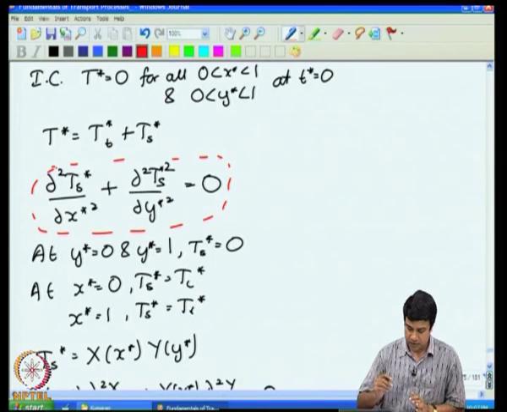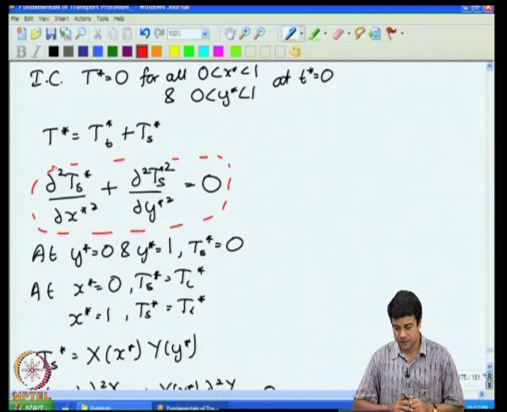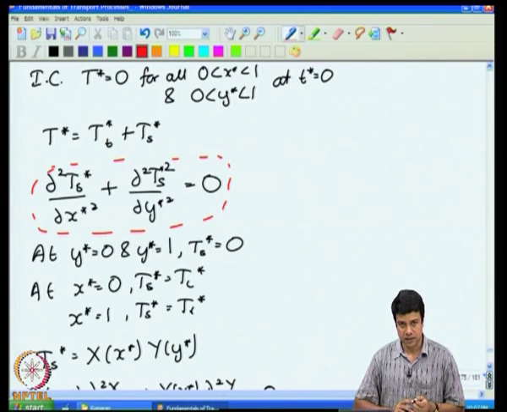This is solved by separation of variables. Y is the homogeneous direction, the boundary conditions are homogeneous in the y direction. X is the inhomogeneous direction.